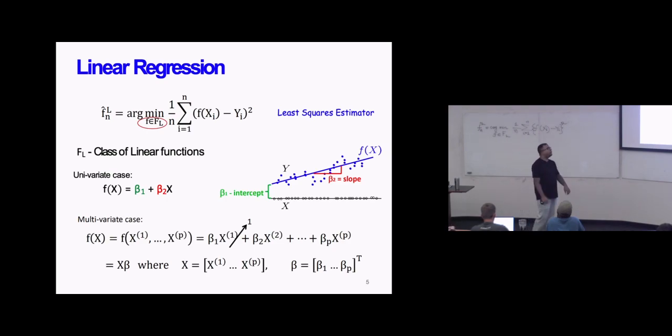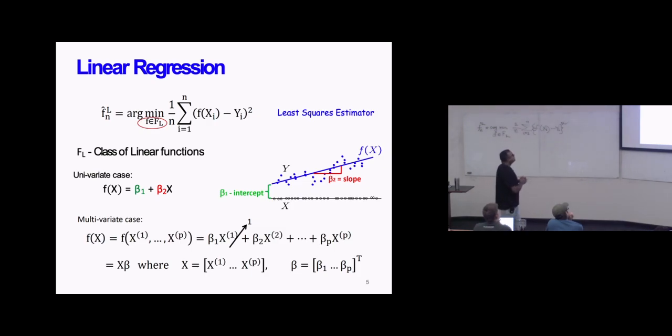So instead of doing that, what we talked about was least square estimators, where we are basically trying to learn a function that maps x to y, and then we will look at the square difference between our prediction and the actual value. That's the goal. Rather than minimizing the classification error, here we are trying to minimize the least square difference, right?